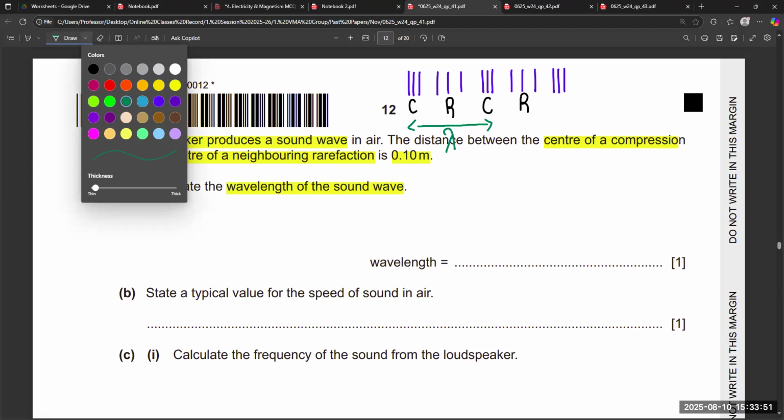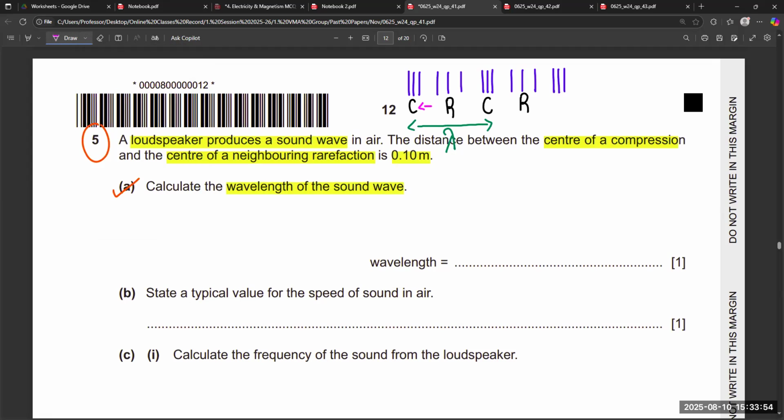So this distance is actually half wavelength. So if we double this distance, we will get the total value of the wavelength. The value given is 0.1, and to find the total value, we have to multiply this value by 2. So 0.2 meters is the answer for the wavelength.